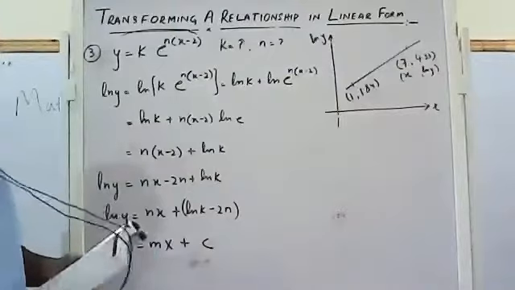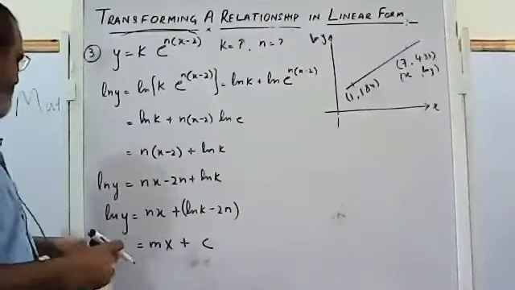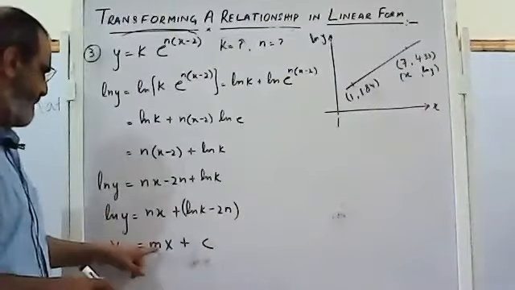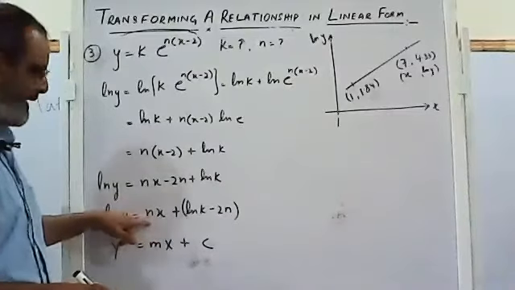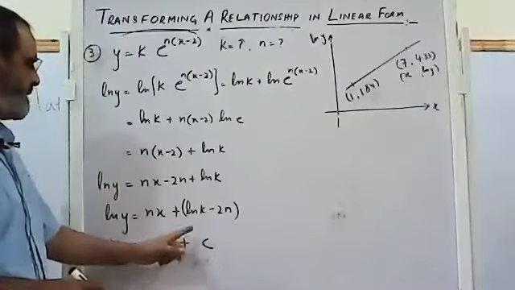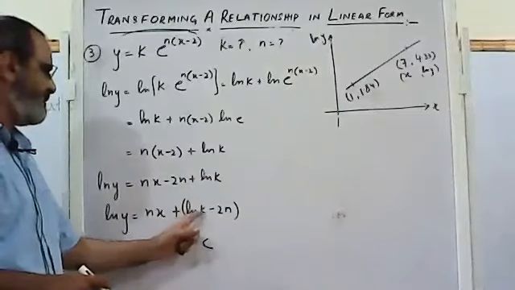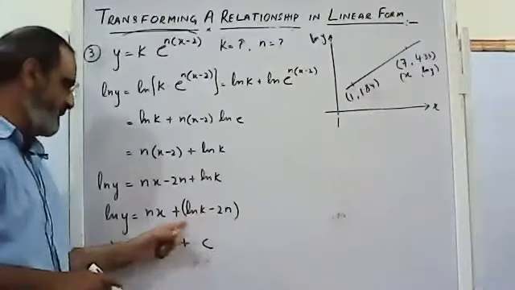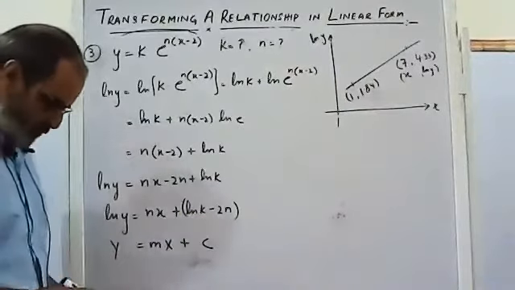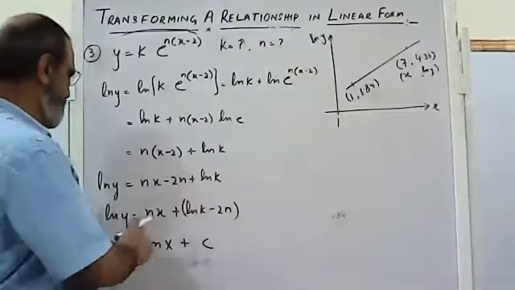If we compare these two equations, we can see that y represents ln of y, m represents n. So n is the gradient of the equation and the constant term is ln of k minus 2n, because there is no variable involved.